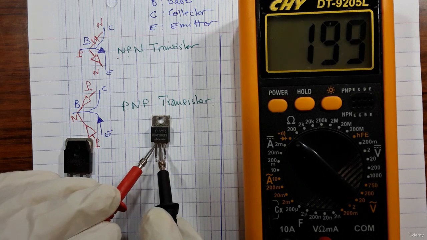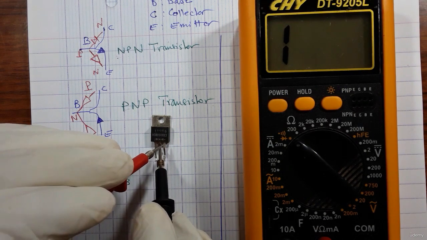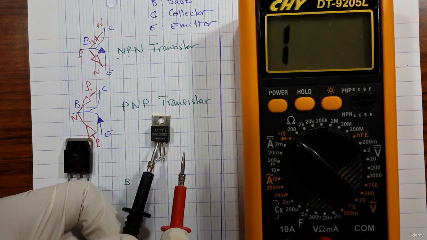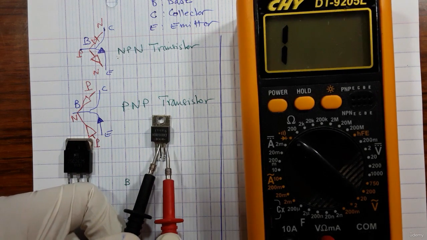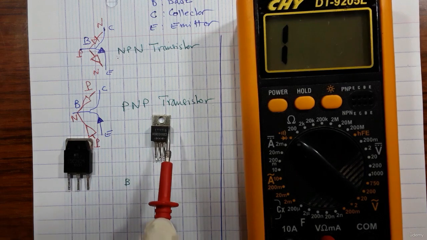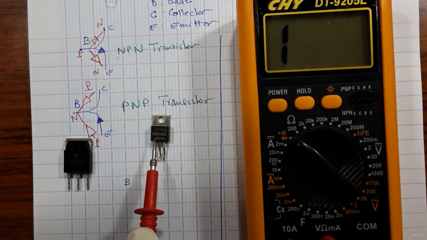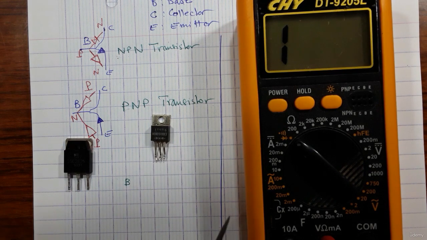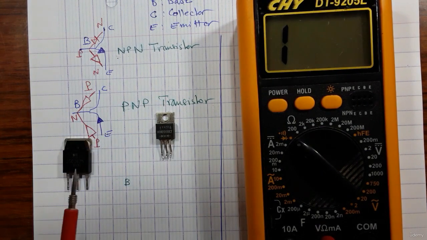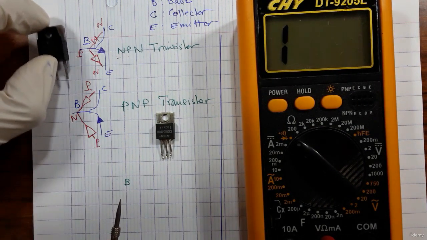This is a reading. And if we change to this, always putting the black here and the red here, we have also a reading here. So this is a PNP transistor here. But this is an NPN transistor.